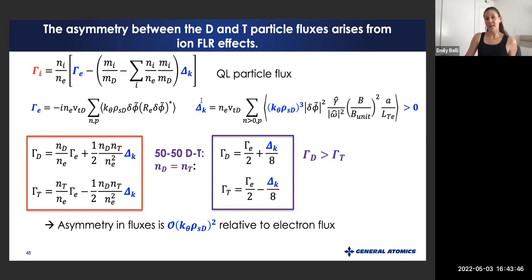The important point is that delta K is order K theta rho squared relative to the electron particle flux and arises from ion finite Larmor radius effects.